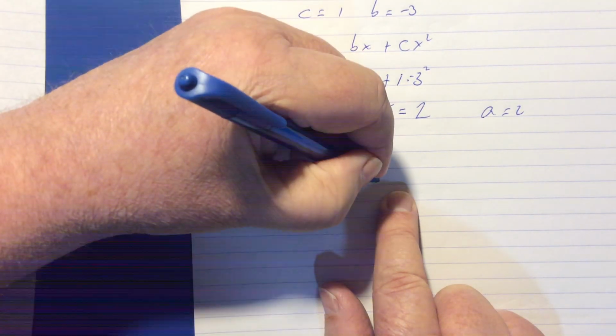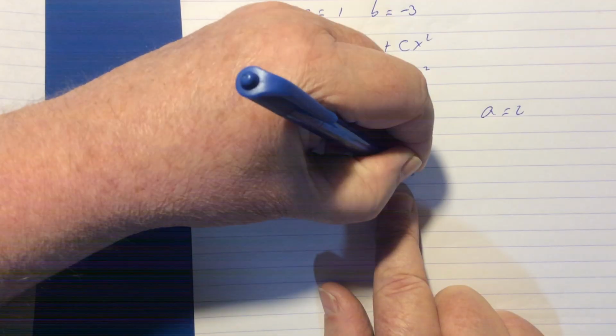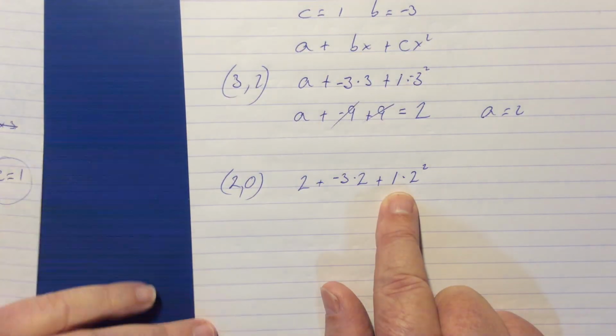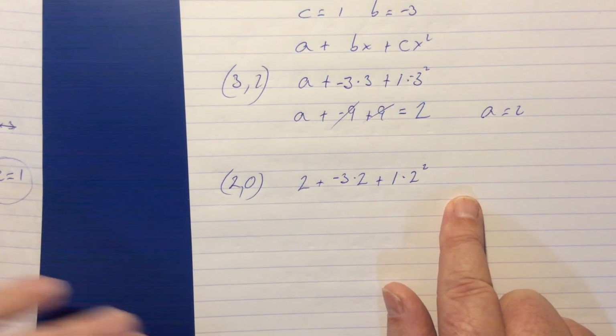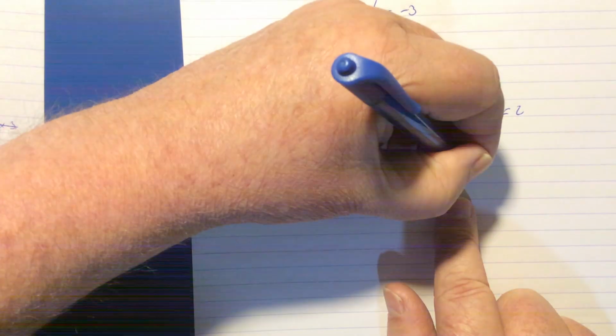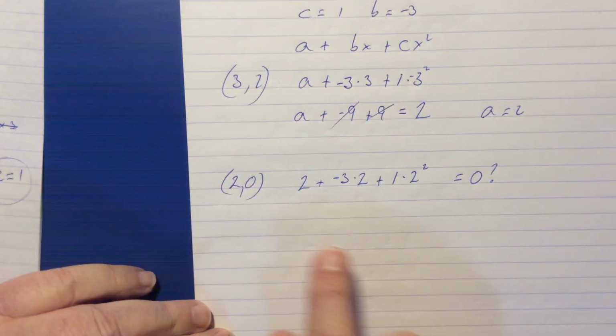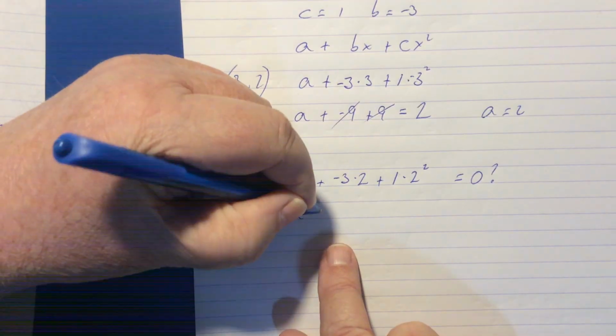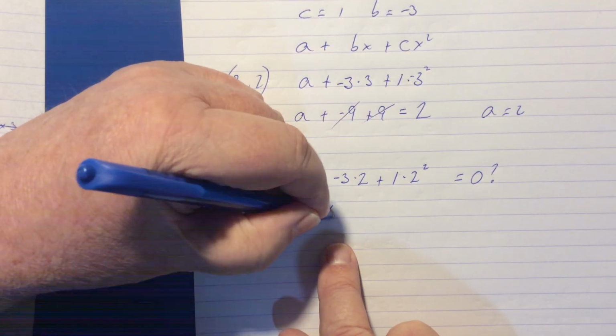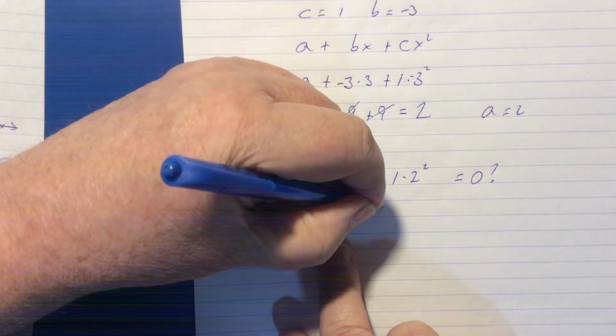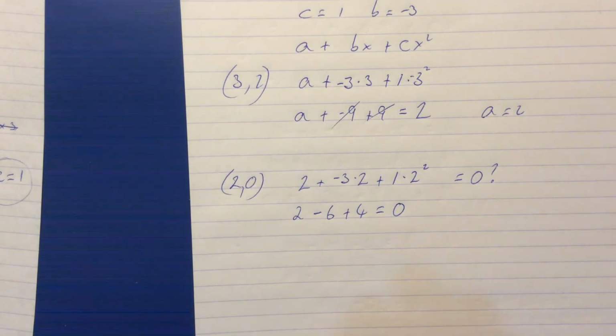And if c is 1, we put a 2 there, and we square it. And this should equal 0. Let's check. 2 minus 6 plus 4 equals 0. There we are, all done.